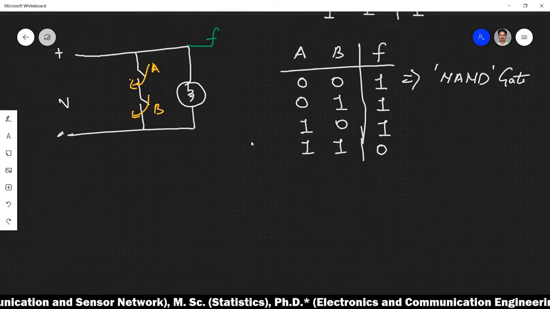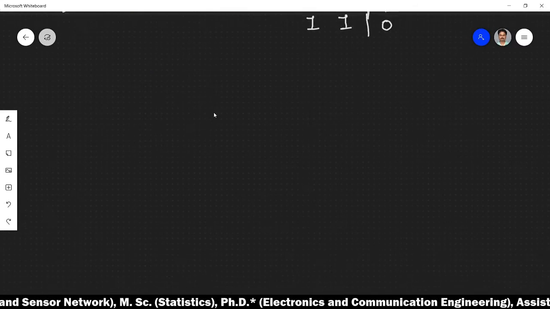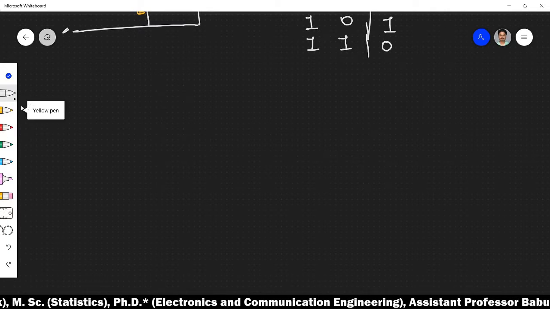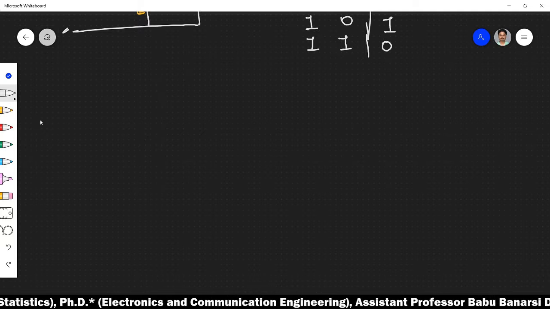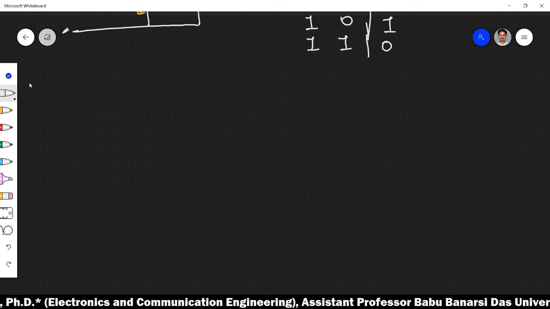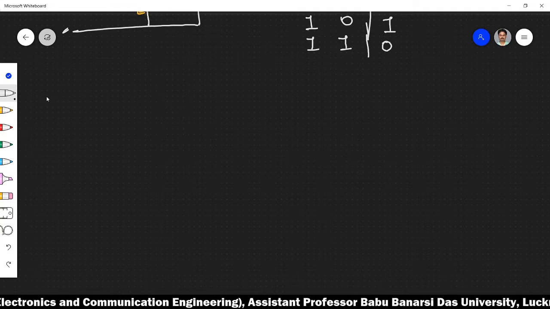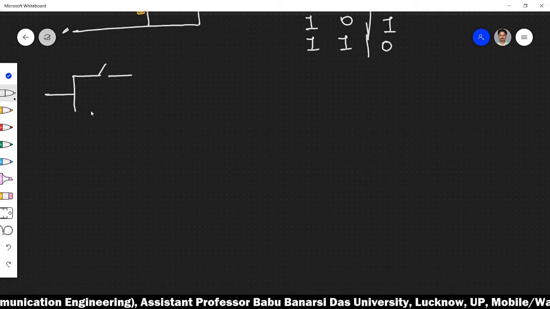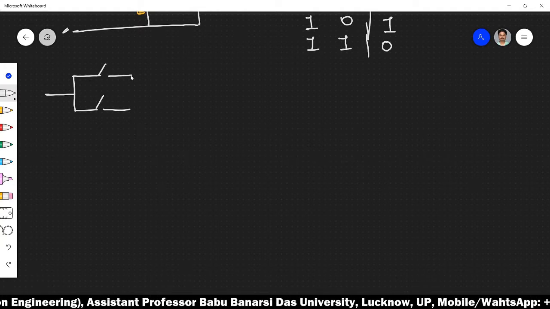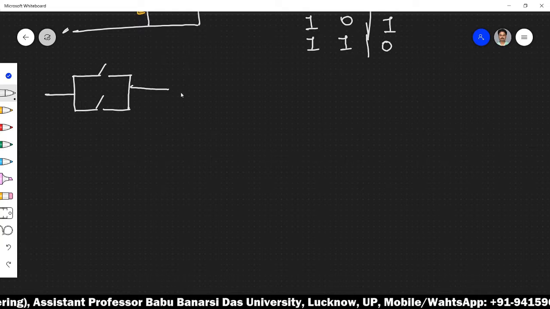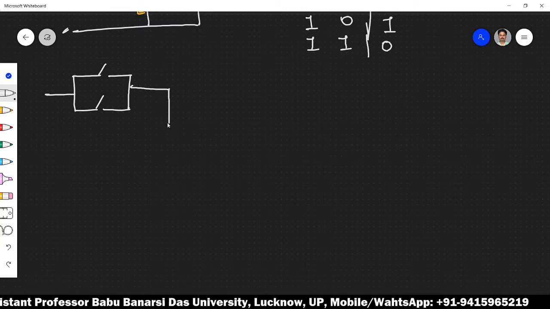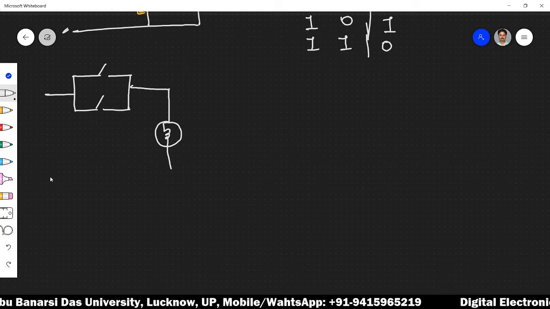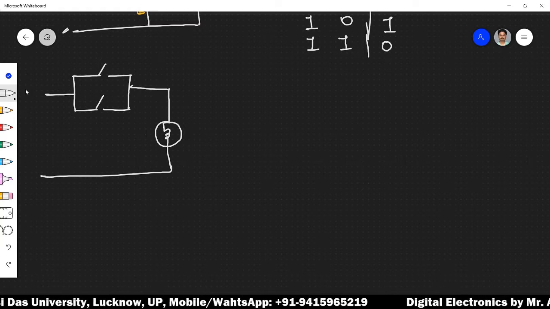Now let us discuss more gates and their equivalent switching circuitry with this diagram. Let's move on to the next arrangement of switches and bulbs, and this time we will take two switches connected in parallel, and there is a bulb and a supply connected here.